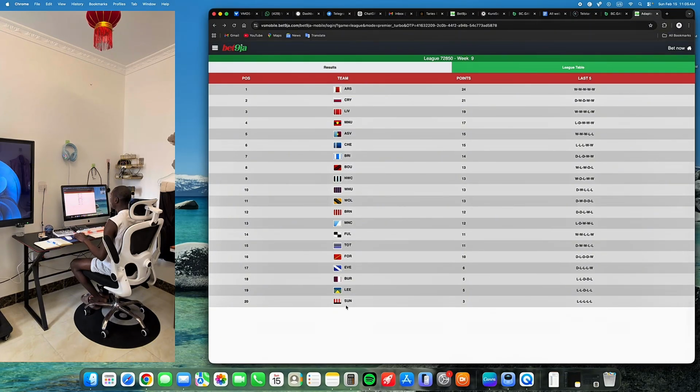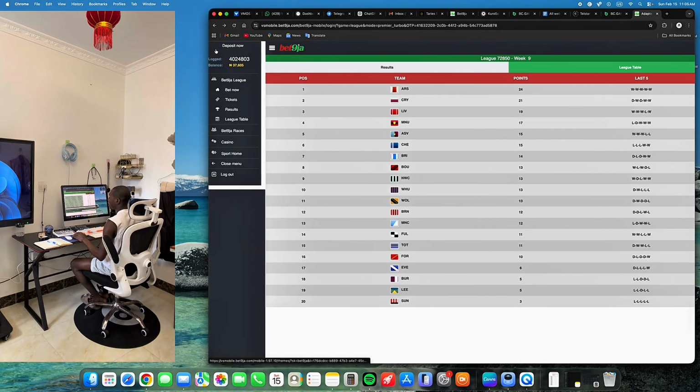Now, we have Sunderland still at the bottom, Leeds also at the bottom. Now, Burnley has come down, Everton is trying to go up. So let's go and see again. Burnley, Leeds, and Sunderland. Let's see.